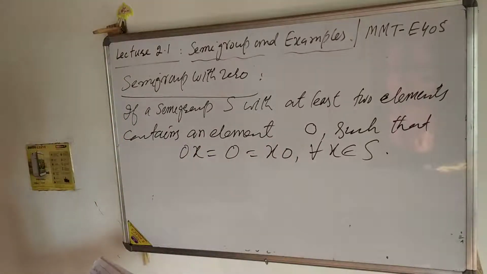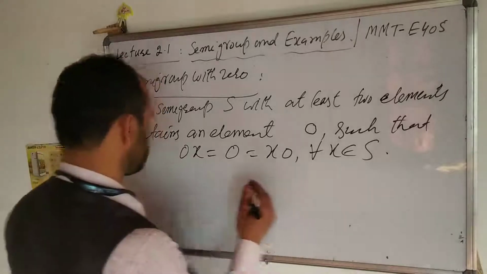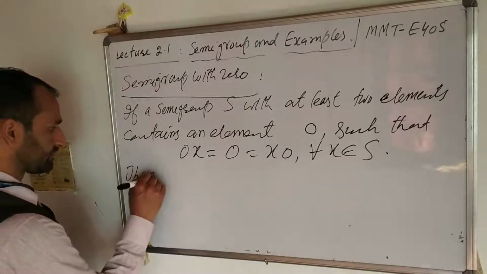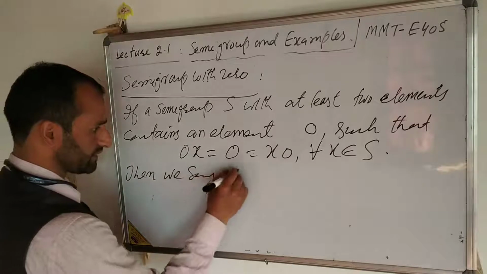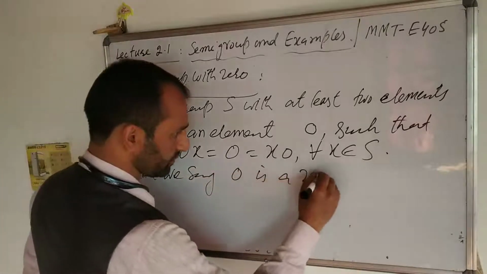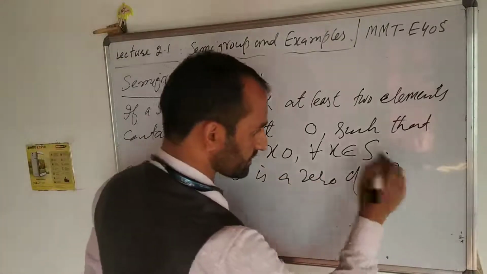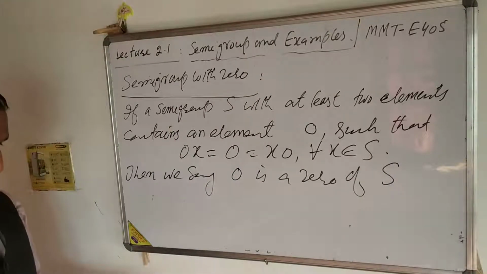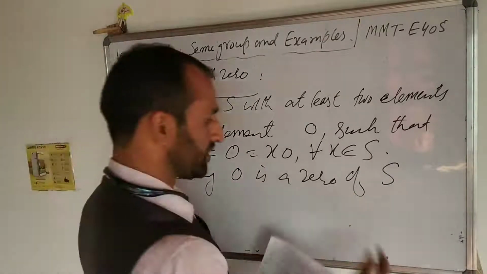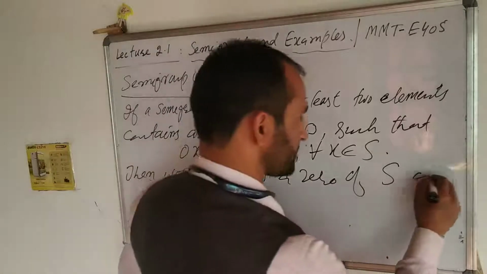We say this 0 is a 0 of S, the zero element of S, and S is called a semigroup with 0.